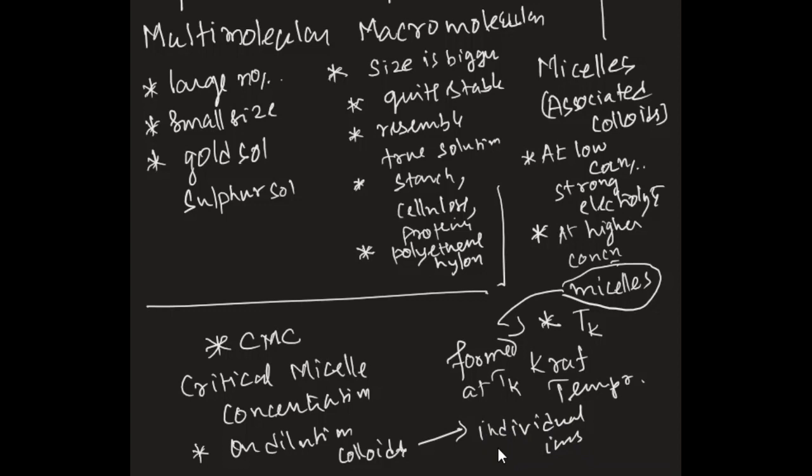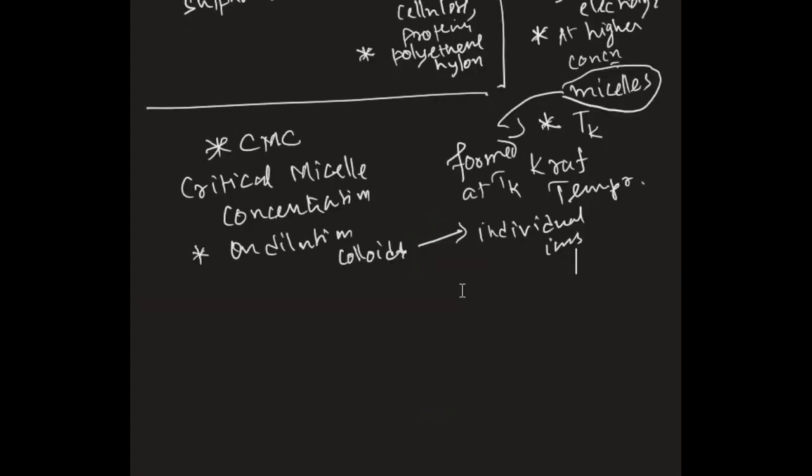Okay. So, for example, we can say the surface active agents like soap, detergent, these are all capable of forming this type of micelle. Soap, detergent, etc.